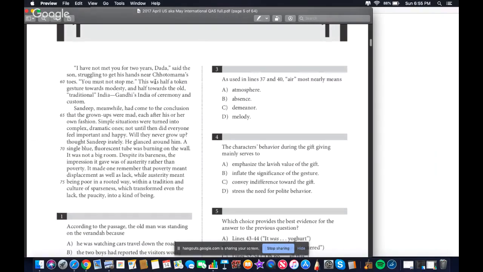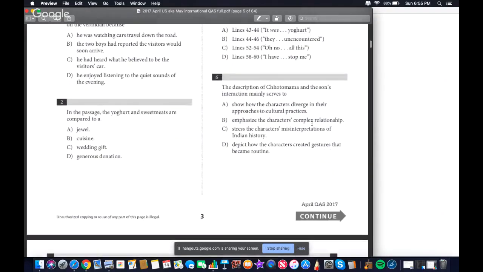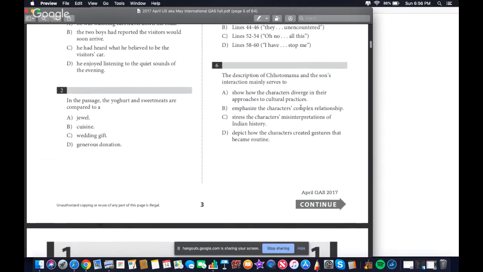The young people are trying to be modest and old, right? So they're both trying to just help each other out and be nice to each other. Maybe A, not C. It's not become routine because they haven't seen each other in a while.